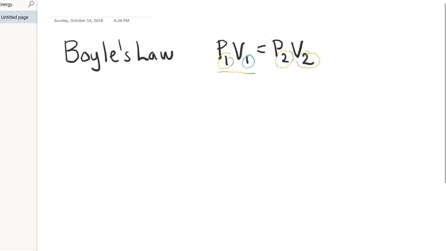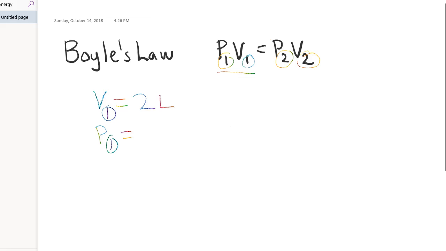a volume of gas, we would say the first volume is 2 liters. And the pressure in that first volume, the one is to identify the first part of our experiment. So we have the volume in the first part and the pressure in the first part.